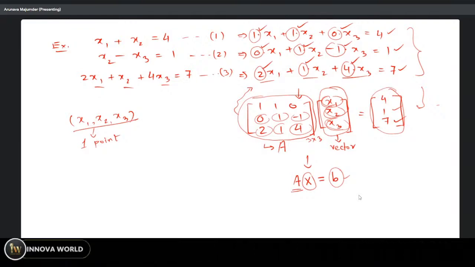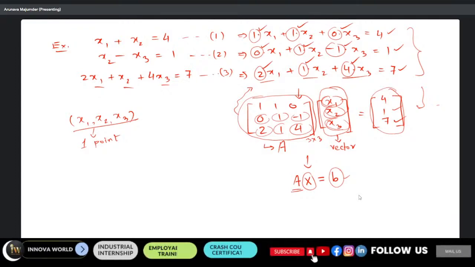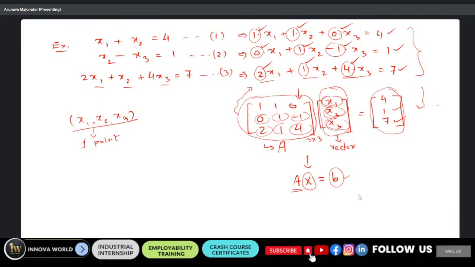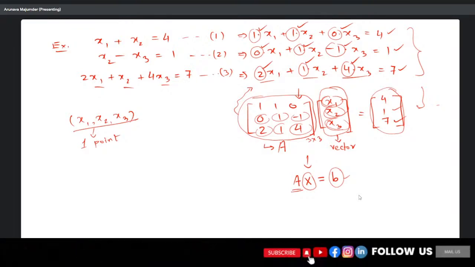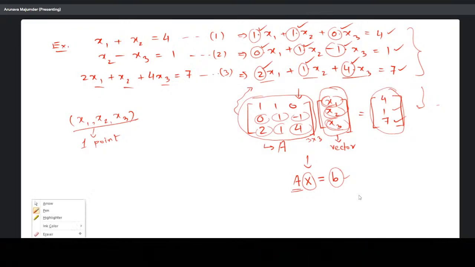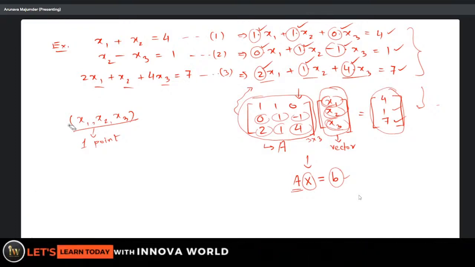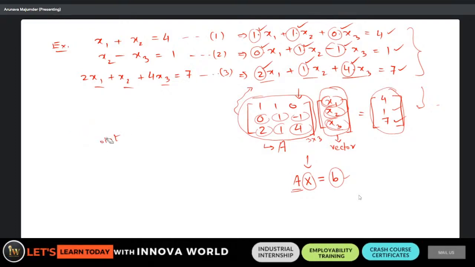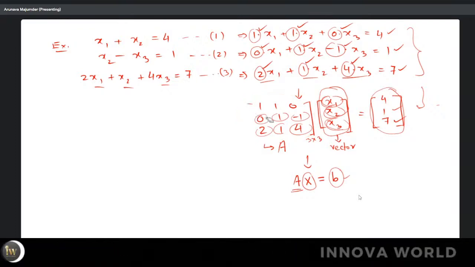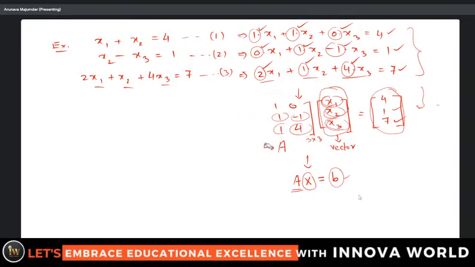Now we need the rank of the matrix to find the solution of this system of equations. I will solve this equation first. Today I'm not going to give you many more examples, because I will give all the examples of systems of linear equations later.